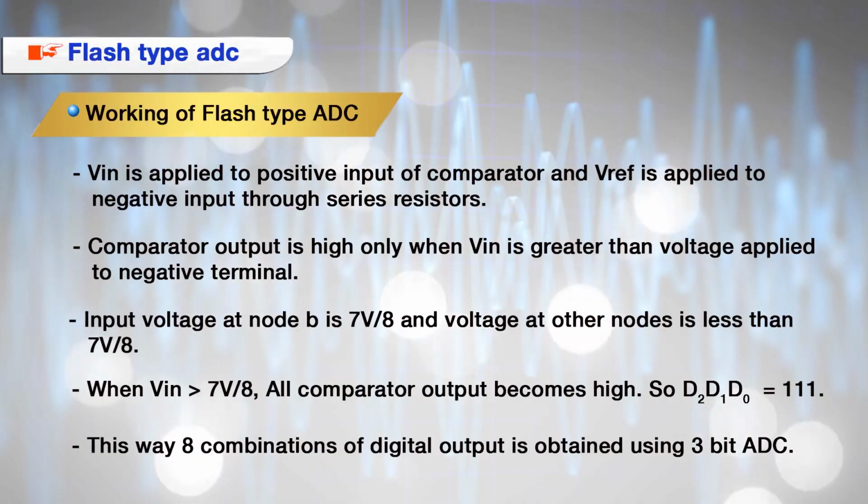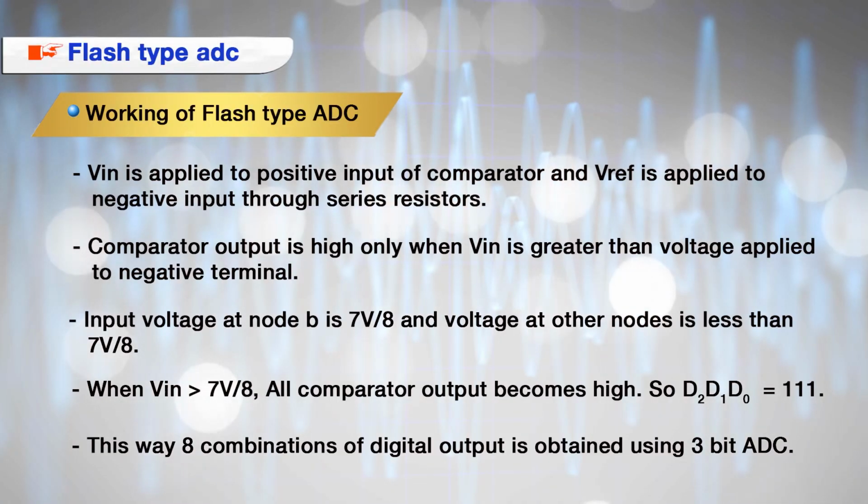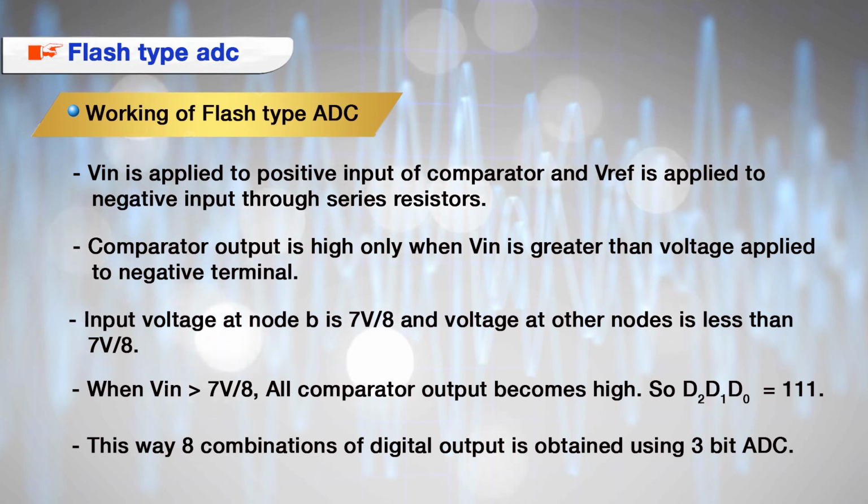In this way, using a resistive network, we can generate all reference voltages, and using different comparators, we can compare the input voltage in parallel with their reference voltages, and based on the output, we can encode it to generate binary voltage. So, this conversion is fast because all bits are compared simultaneously and the delay in the output is only due to the delay of comparators and priority encoders.